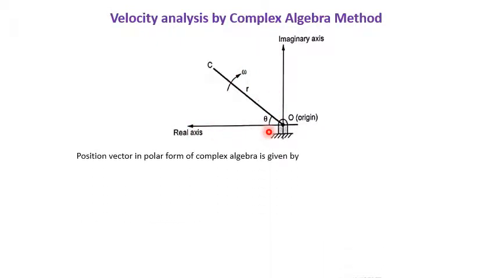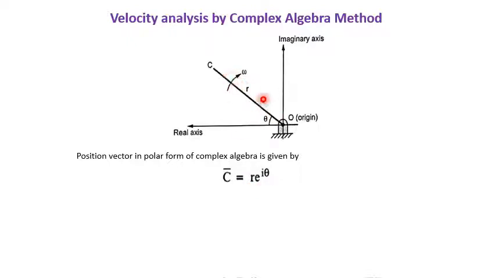Okay, so using complex algebra method in the polar form, how to find the position vector of this link OC. The position vector of this link OC can be written as OC vector equals R, that is magnitude, into e to the power of I theta. Since we are using complex algebra method, we have to represent it by a real part as well as imaginary part.